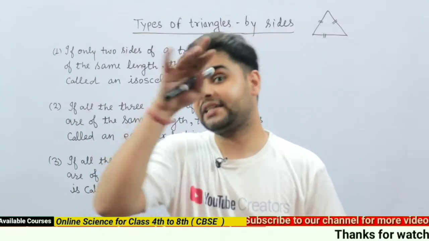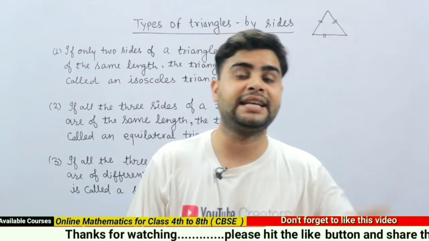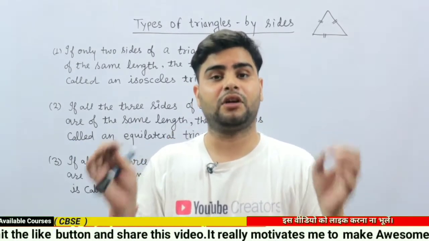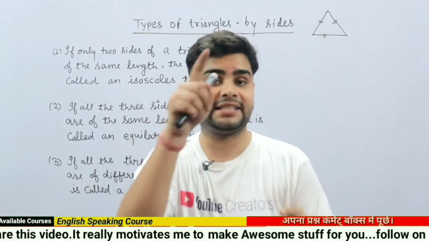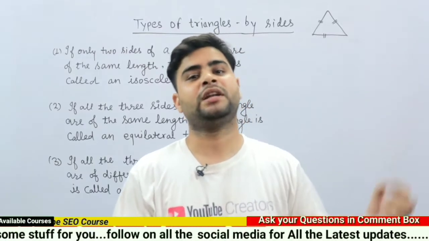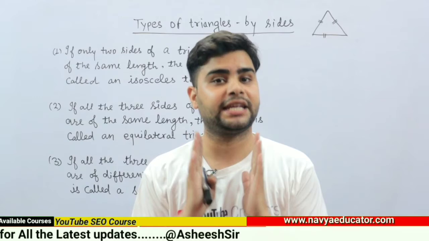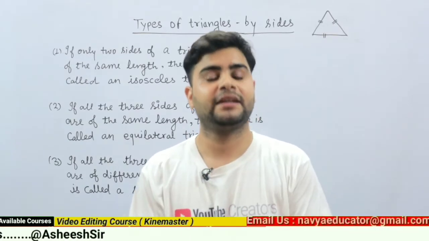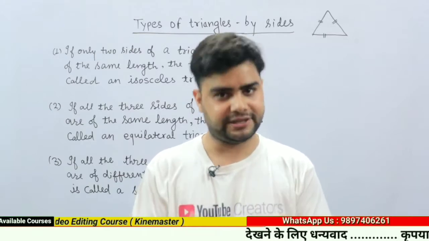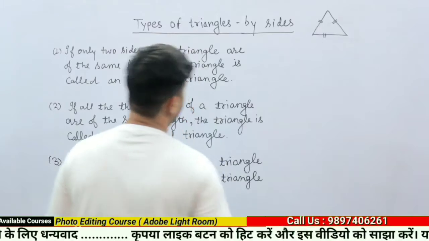If all sides are equal, then these kinds of triangles are said to be equilateral triangles. But if only two sides are equal in a triangle, then it is called an isosceles triangle, right? Isosceles triangle. Now I am going to tell you by the definition.